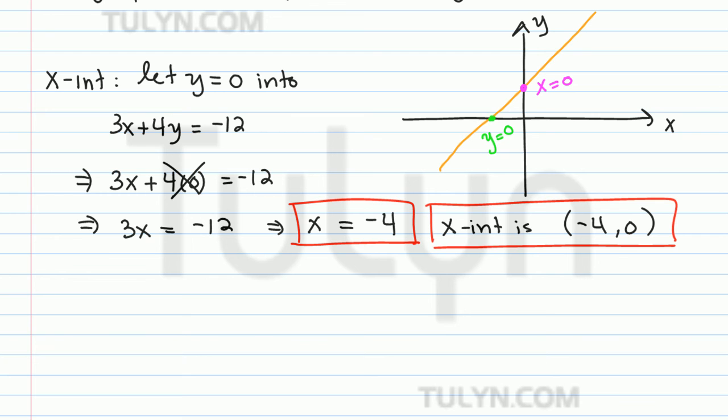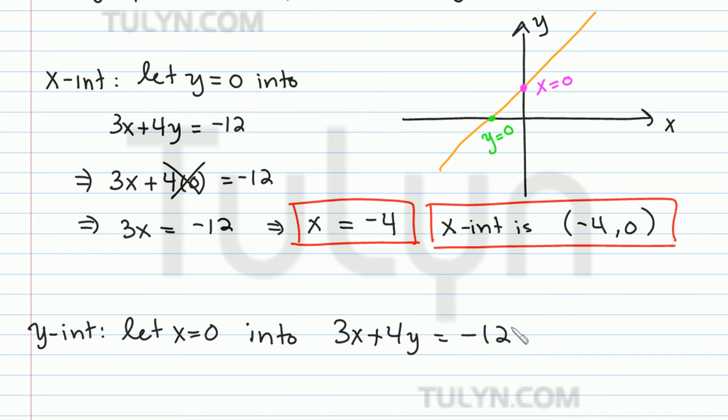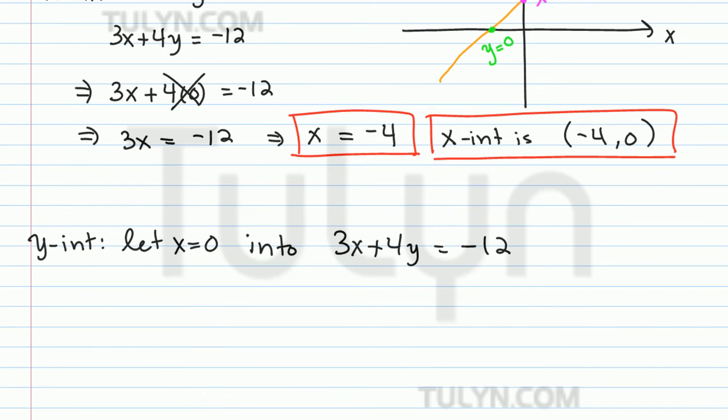So now, to find the y-intercept, we let x equal 0. Because remember, at the point where it crosses the y-axis, the x value is equal to 0. So we plug x equals 0 into this equation now.